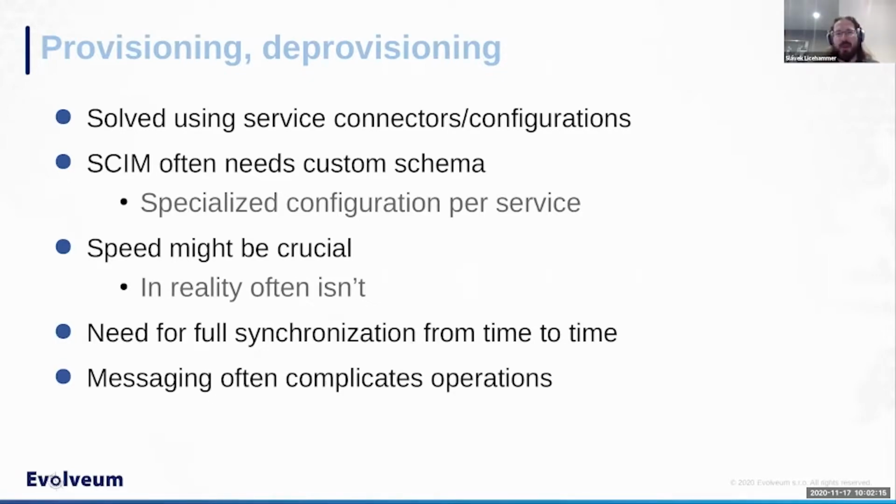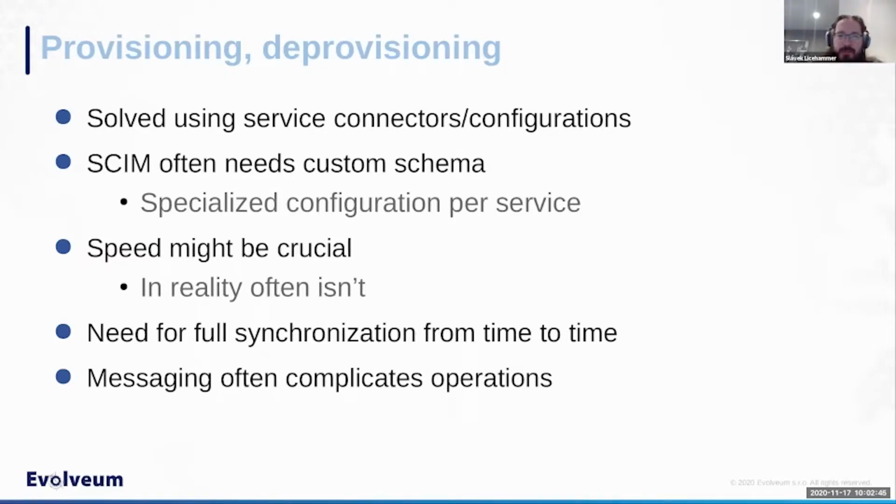So the only thing we can do is to have a specific configuration or connector for each service, and identity management is exactly a component which should help you with that, to maintain these connectors. You have identity management as a central place with a unified view of how to deal with the identity, and the connectors and configuration will just take this unified view from the single interface and transform it based on the end service's needs.